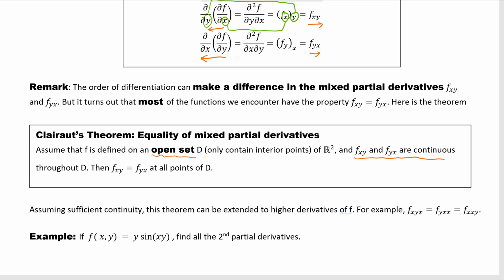For example, we can have the third derivative. This one means you take the derivative with respect to x, then with respect to y, and then with respect to x. So this is all the third derivatives. So far, so good, everybody?